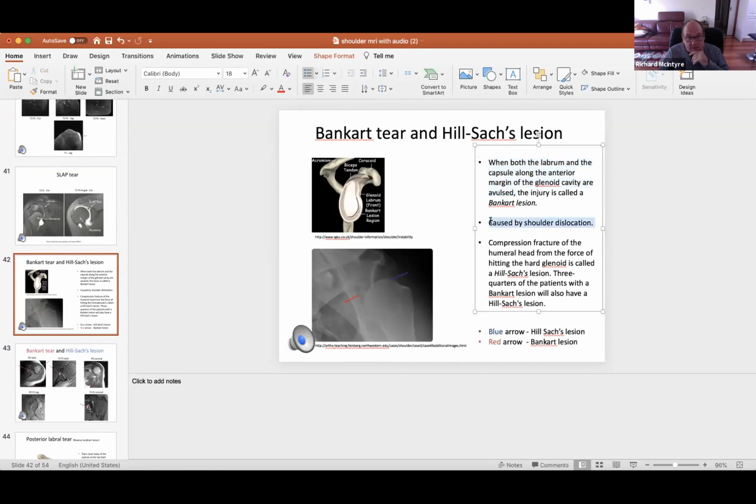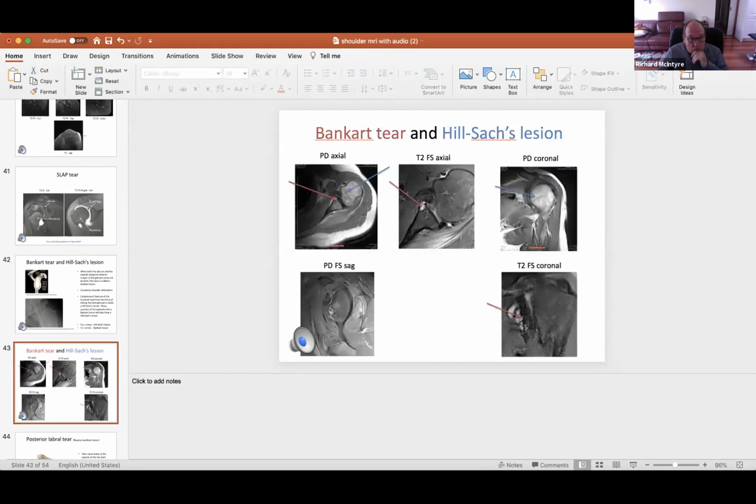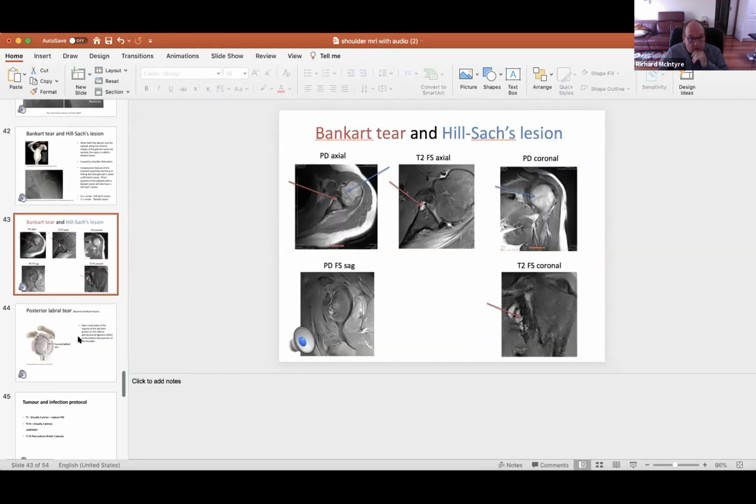Caused by shoulder dislocation, a compression fracture of the humeral head from the force of hitting the hard glenoid is called a Hill-Sachs lesion. Three quarters of patients with a Bankart lesion will also have a Hill-Sachs lesion. The Hill-Sachs lesion is blue, and the Bankart lesion is the red arrow.